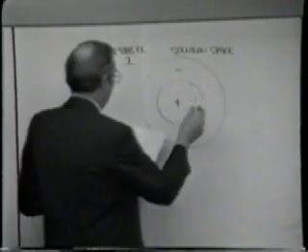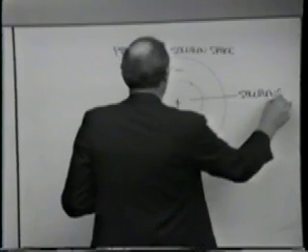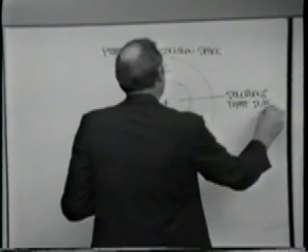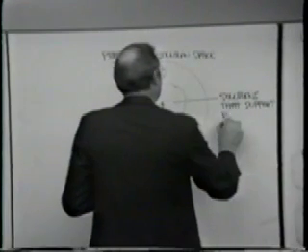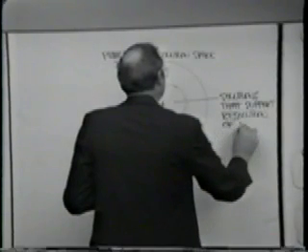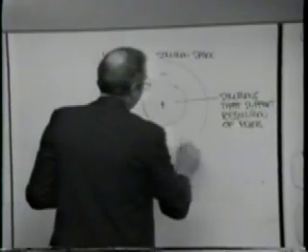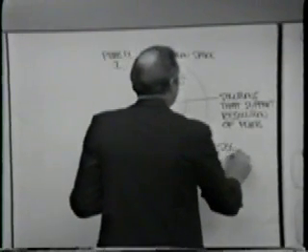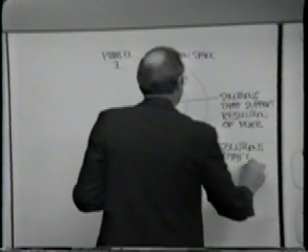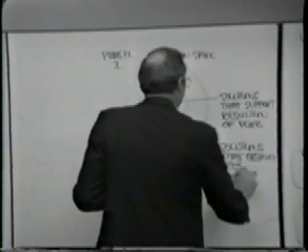In this region here, we have all the solutions that support resolution of the problem. And in this region out here, we have all the solutions that obstruct resolution of the problem.